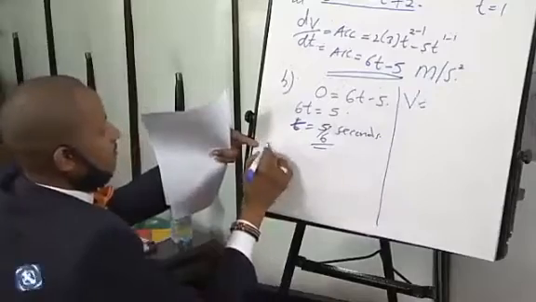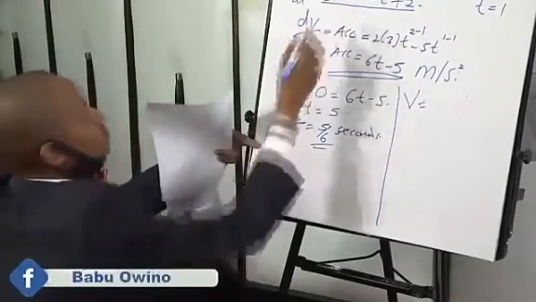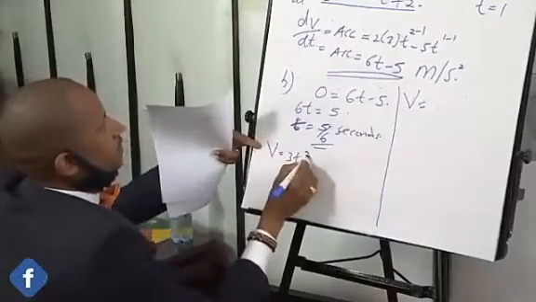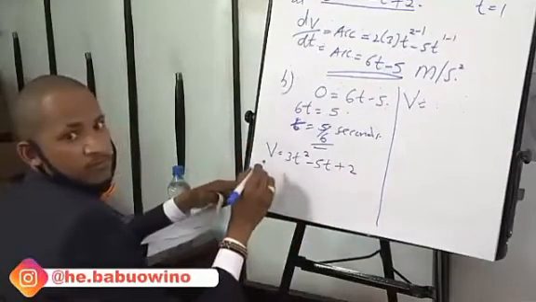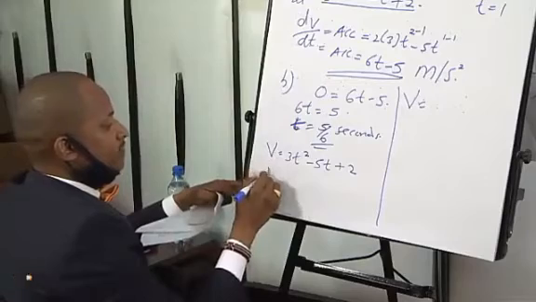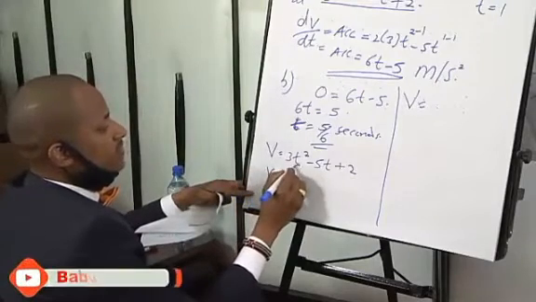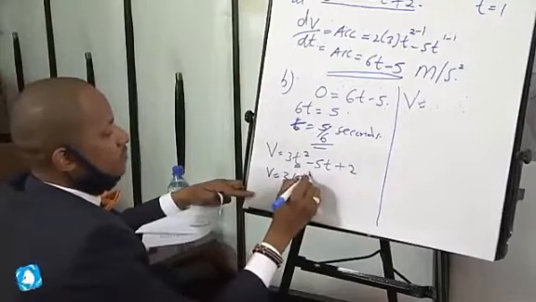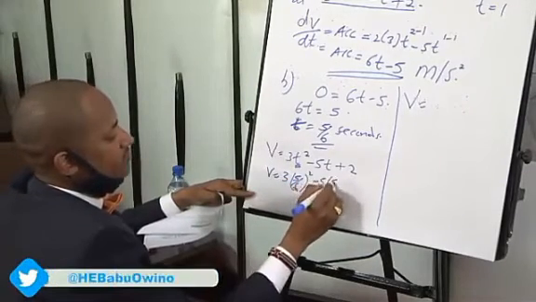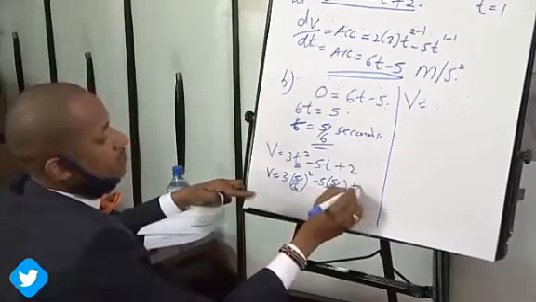Velocity from our equation is 3t squared minus 5t plus 2. From here, velocity is equal to 3, but the value of our t is 5 divided by 6, squared, minus 5 into 5 divided by 6, plus 2.